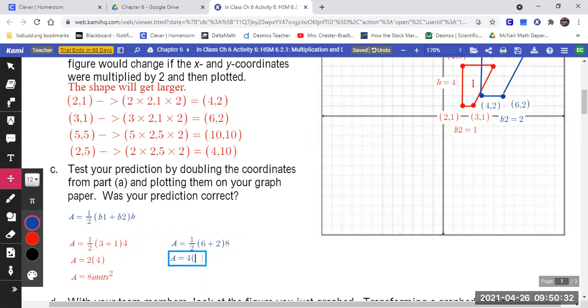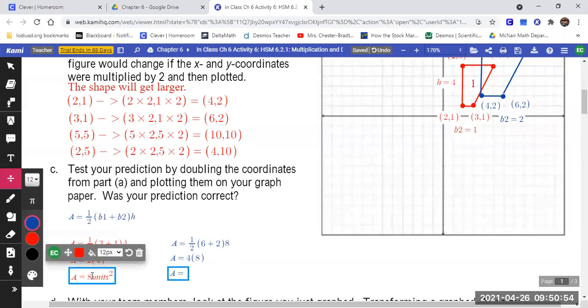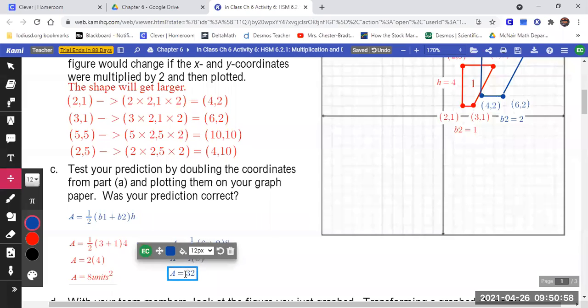And then we do the parentheses, which is 6 plus 2 is 8. And then we do the multiplication. 8 times 2 is... 32 units, shift 6 squared, right?